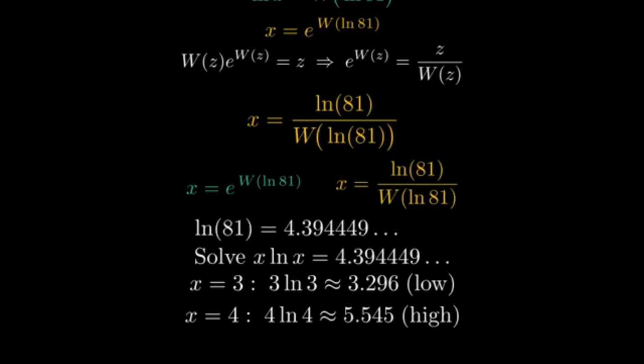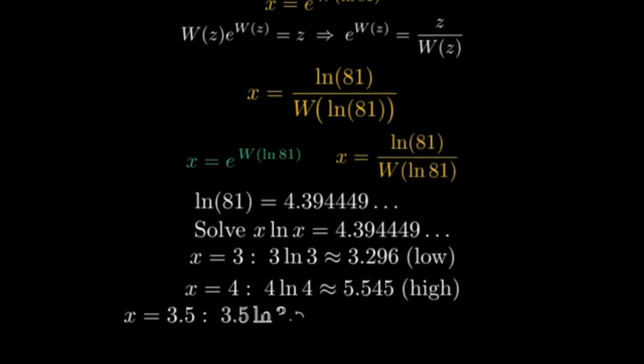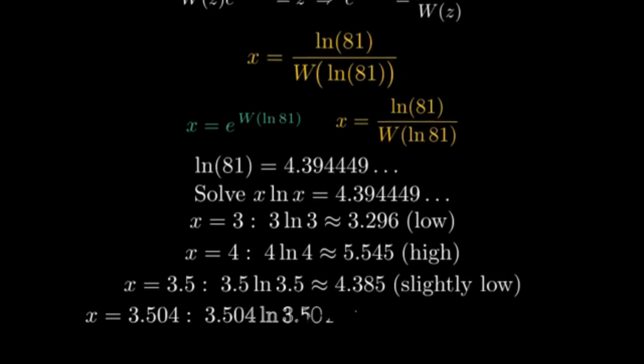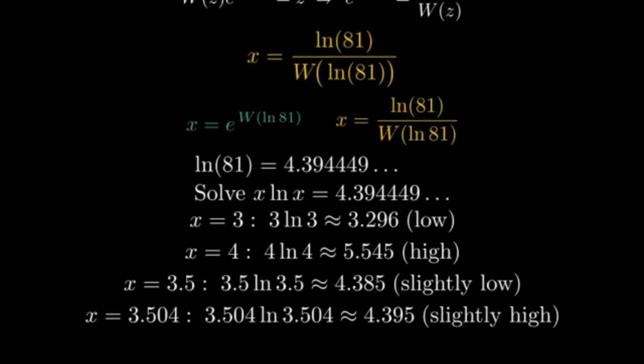So the solution lies between 3 and 4. Try x equals 3.5. 3.5 times natural log 3.5 is about 4.385, a bit small. Try x equals 3.504. 3.504 times natural log 3.504 is about 4.395, slightly big. So the solution is very close to 3.504.